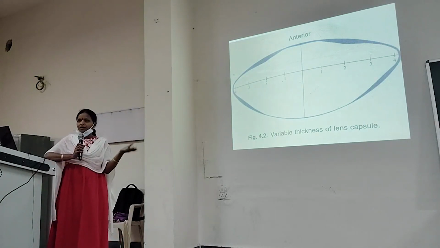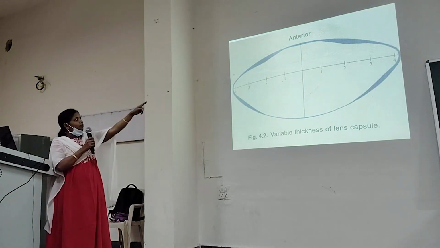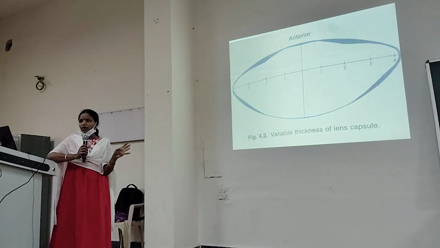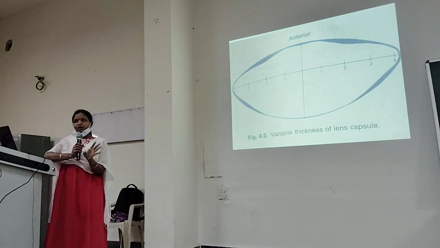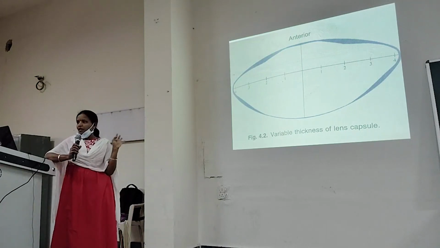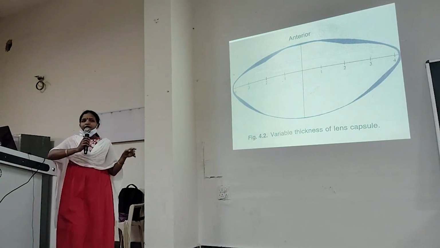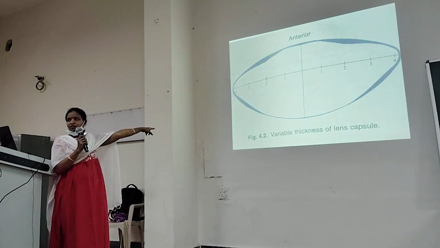Whereas soon after birth, only the anterior portion of the lens epithelium will be retained. The posterior lens epithelium will get disintegrated. Only the anterior part of the lens will have the epithelium, and this epithelium will be, as I told, cuboidal cells, and they migrate from the anterior pole to the equatorial region.